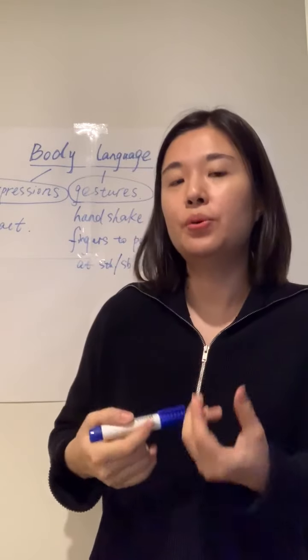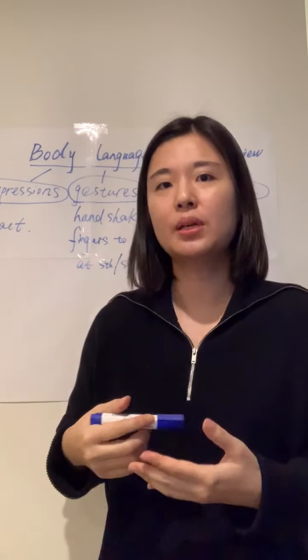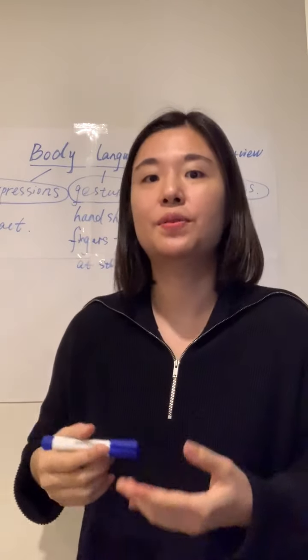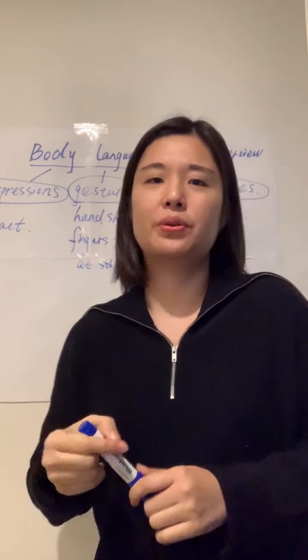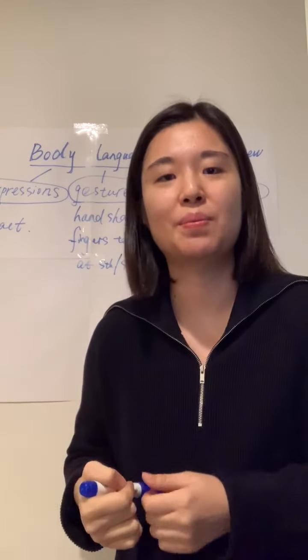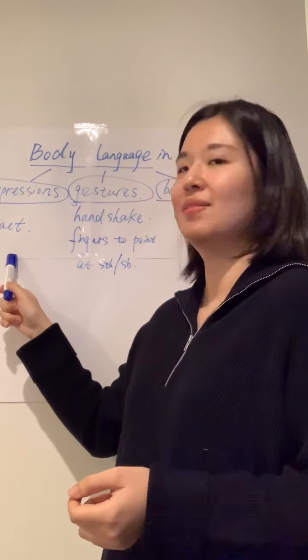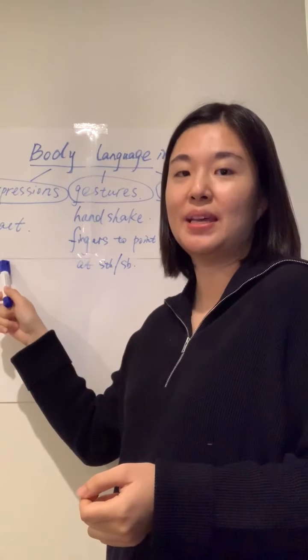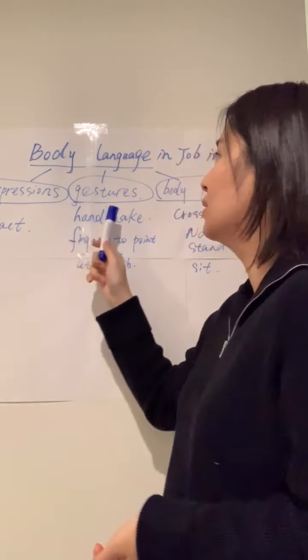Appropriate eye contact makes a very good impression, but inappropriate eye contact, such as staring at people's eyes, is not respectful, right? Smiling is obviously good behavior when you meet someone for the first time.